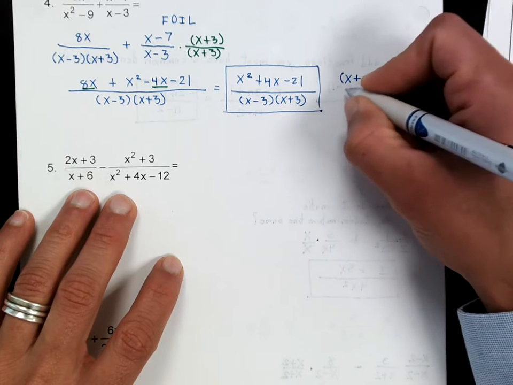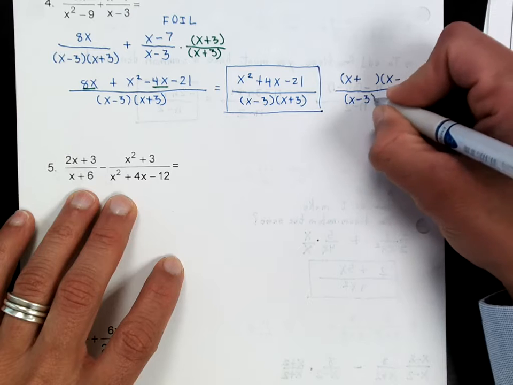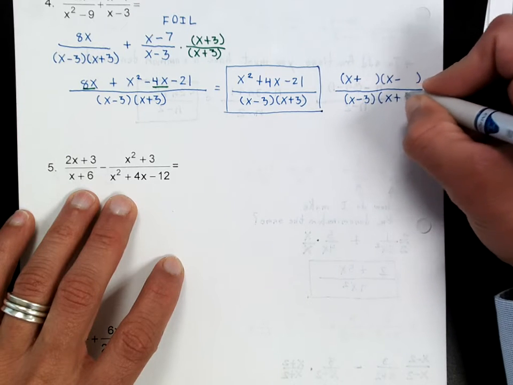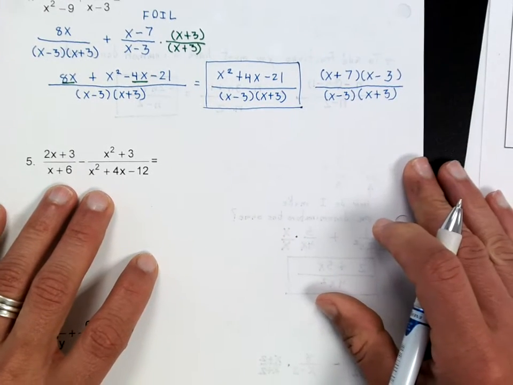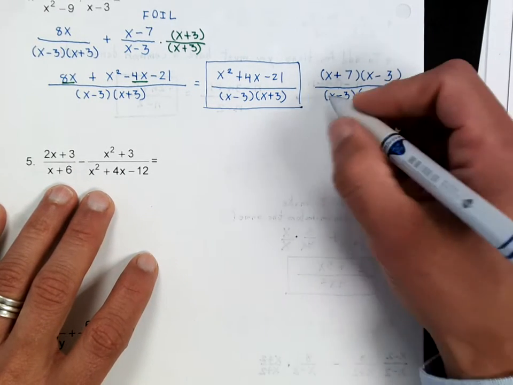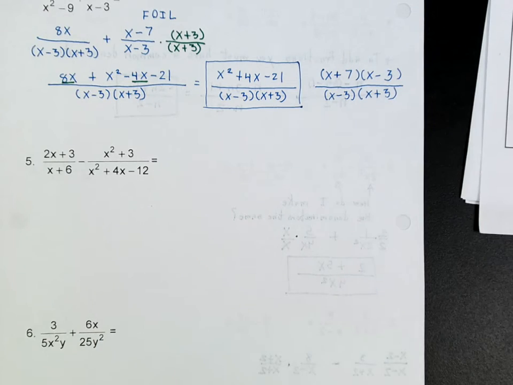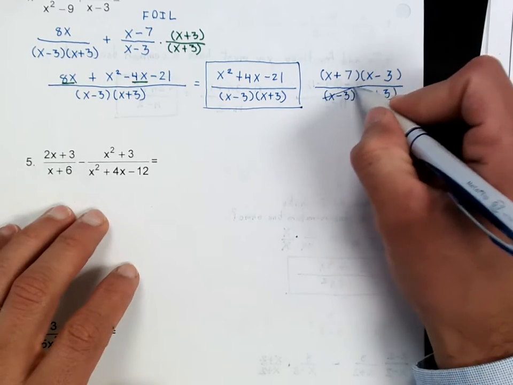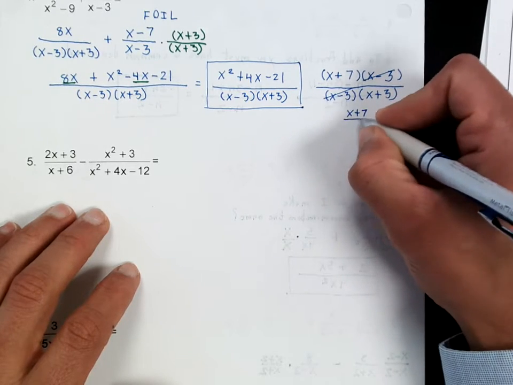Or meaning you have one, they subtract to 4, I guess. 7 and 3. 7 and 3, right. So we have 7 and 3. Okay. So then, let me make sure I'm doing this right before I move on. Yeah. So this x minus 3 cancels, and you end up with x plus 7, x plus 3.